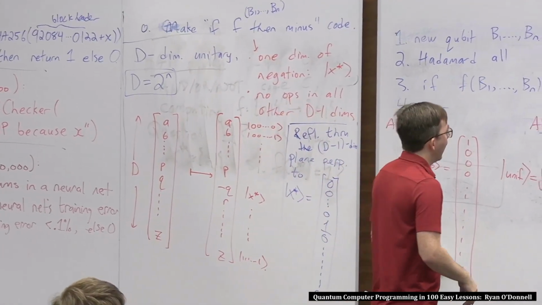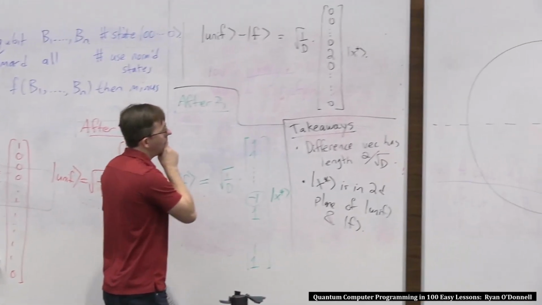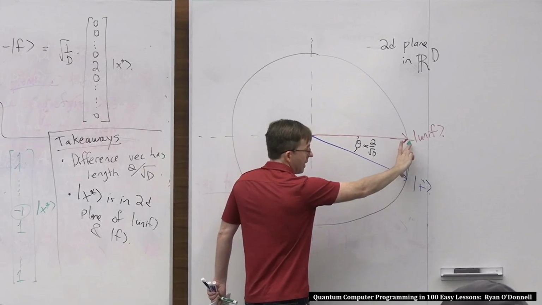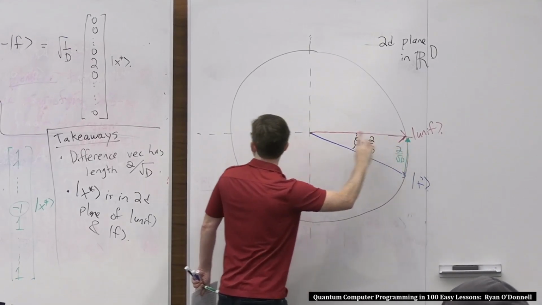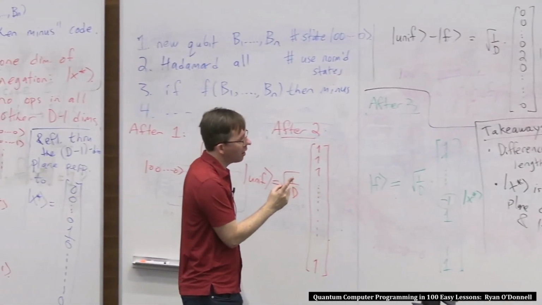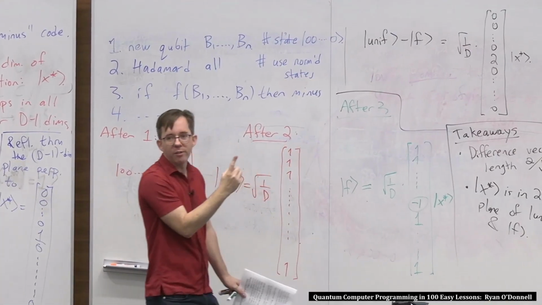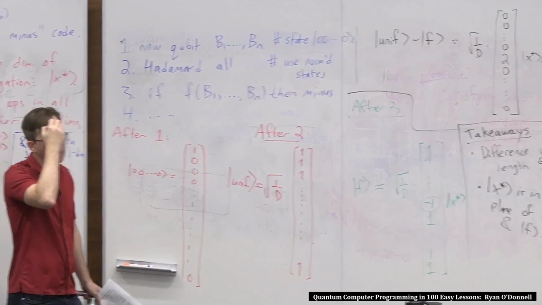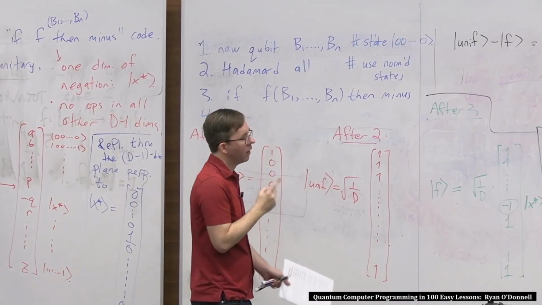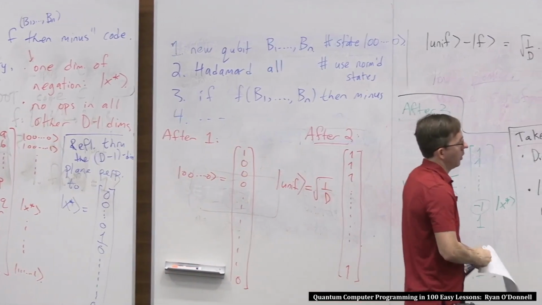Okay. And finally, not only is this of length 2 over root d, this is literally 2 over root d times ket x star. So ket x star is in the same direction as the green vector, just length 1. So I'm going to draw ket x star in this diagram as well. It's the same direction as the green vector.